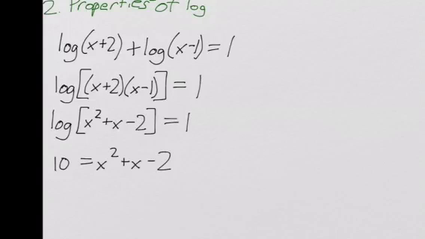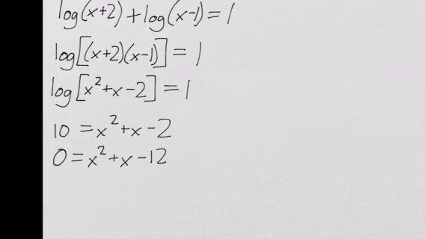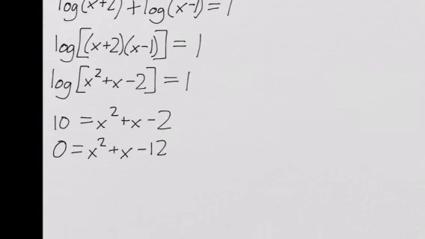And we can't solve it in this manner. We need to set it equal to 0. So 0 equals x squared plus x minus 12. And this we can factor fairly easily, so we'll go ahead and do it. So 0 is equal to x plus 4 times x minus 3.